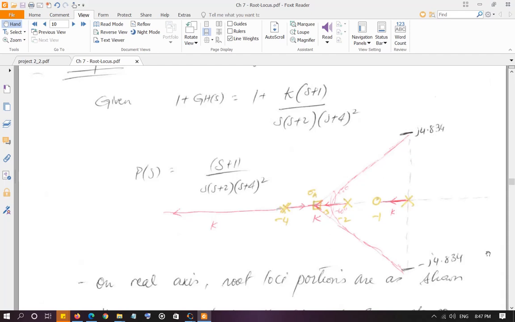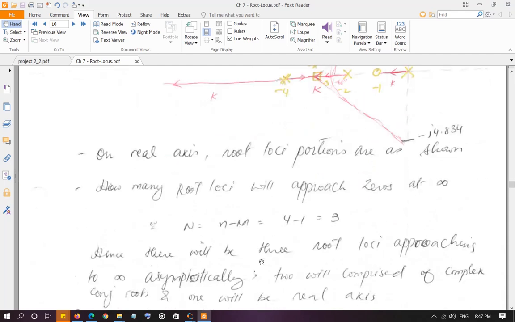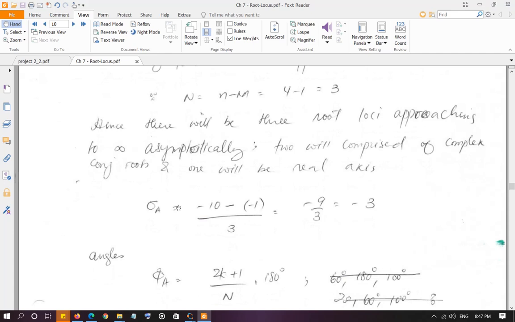Number 3, how many zeros are located at infinity? We have 1 finite zero and 4 poles. So 4 minus 1, 3. 3 zeros are located at infinity. That means we need to know what will be the asymptotes along which those zeros will be located. So we go ahead and we calculate the centroid first.